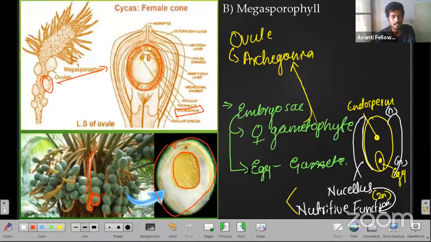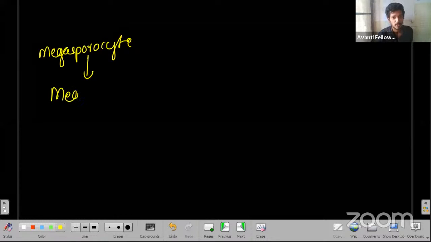Okay, Pawan, do you have any doubt? We can write it here one more time. I will take another slide, no issue. Megasporocyte will give rise to the megaspore.